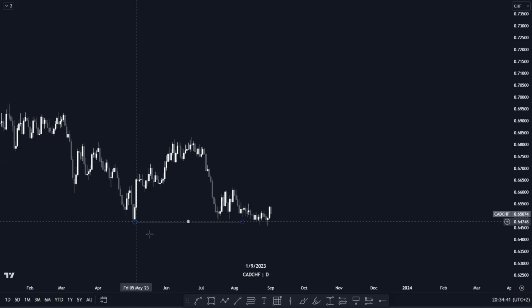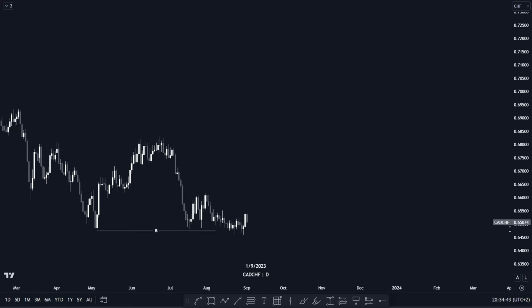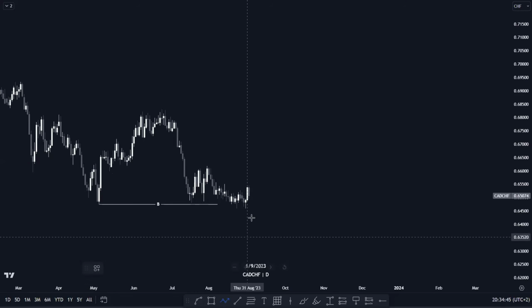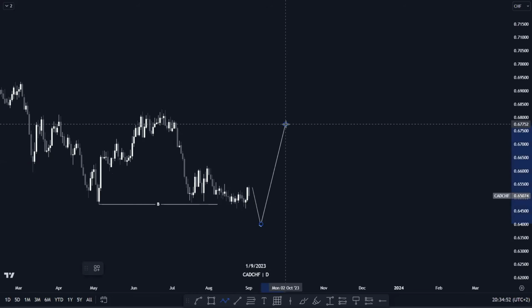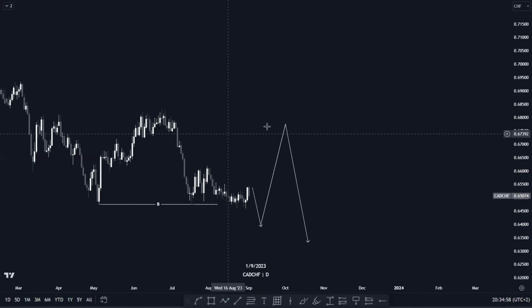Normally what I do is I wait for a full body close to the downside, so that we can look for our buying opportunities to our lower high, then we'll take our selling opportunities from our lower high.